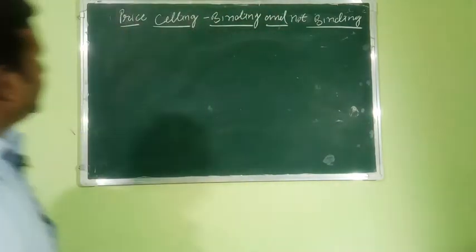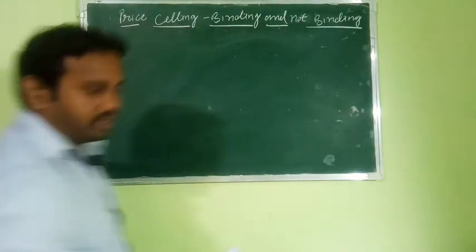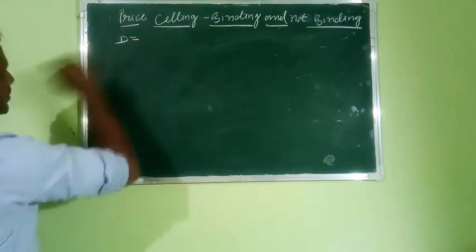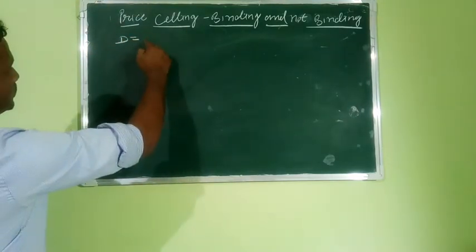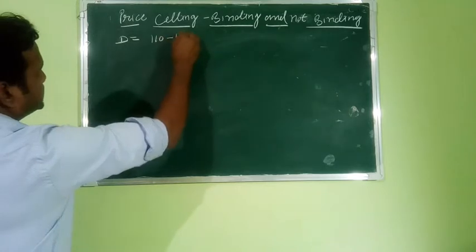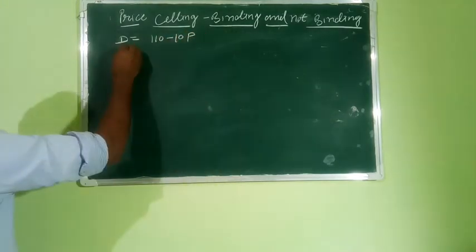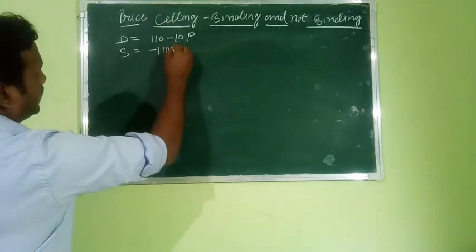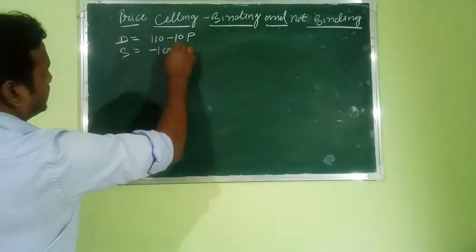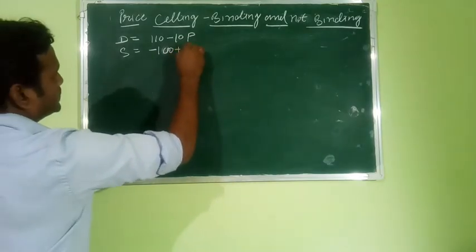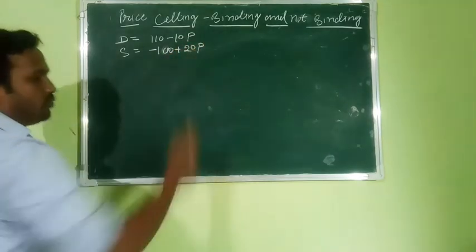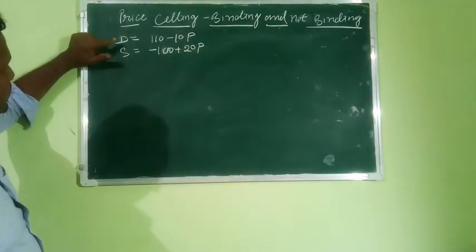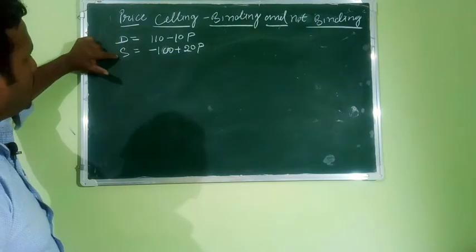Suppose for price ceiling, binding and non-binding, you are given the demand function 110 minus 10p, and the supply function is minus 100 plus 20p. Both are a linear demand function and a linear supply curve.